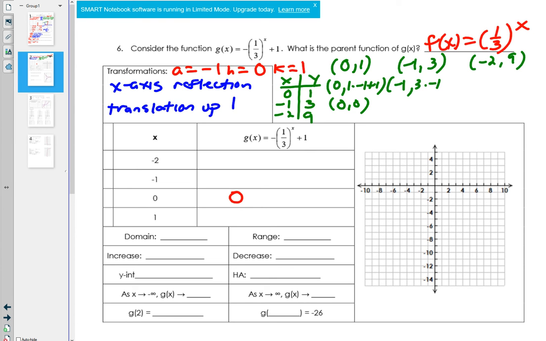What's 3 times -1 plus 1? -2, good. Simple math. So -1, -2. Finally, the -2 stays the same because h is 0, so the x is not being affected. What is 9 times -1 plus 1? -8.